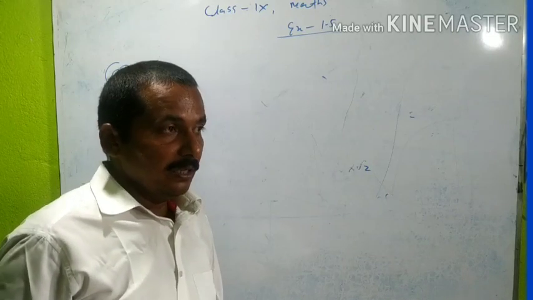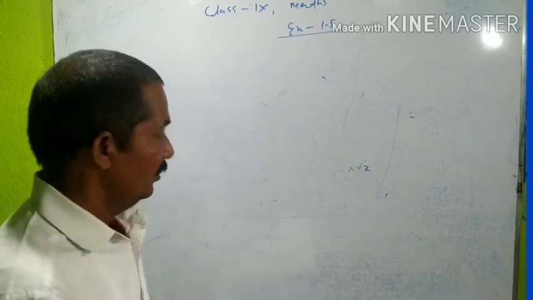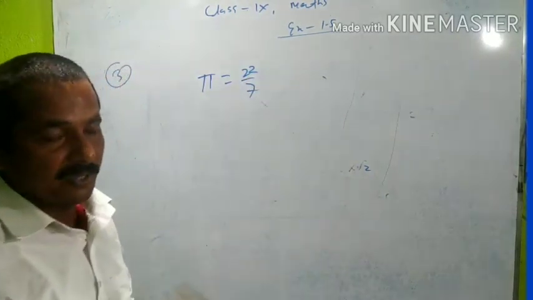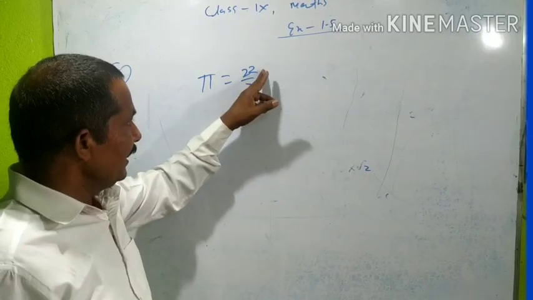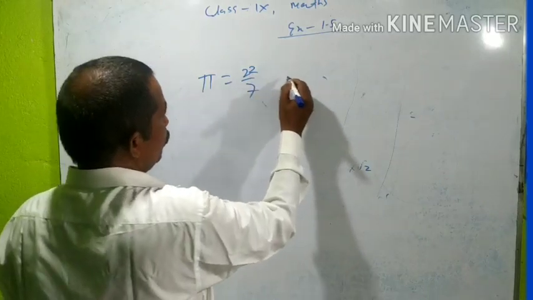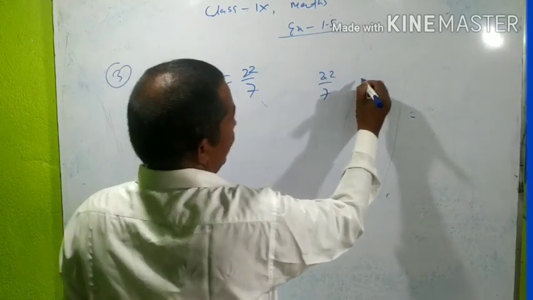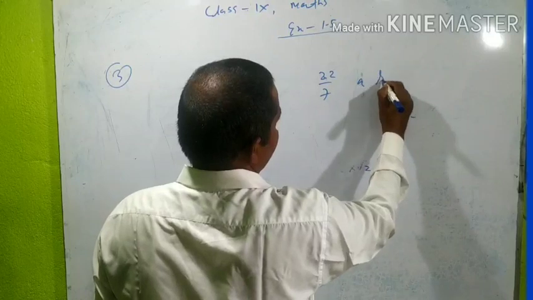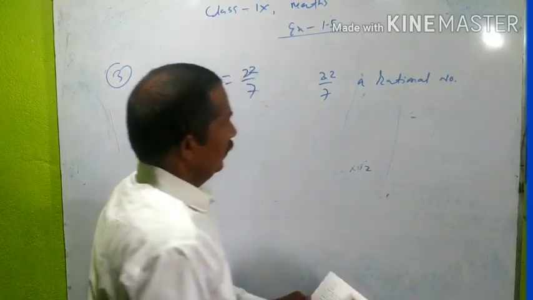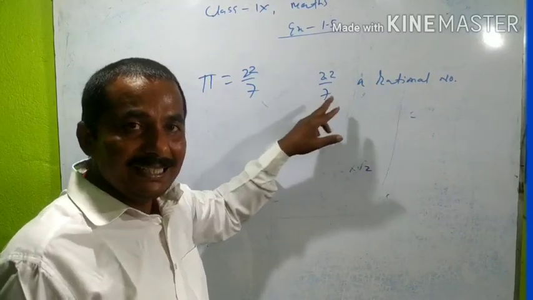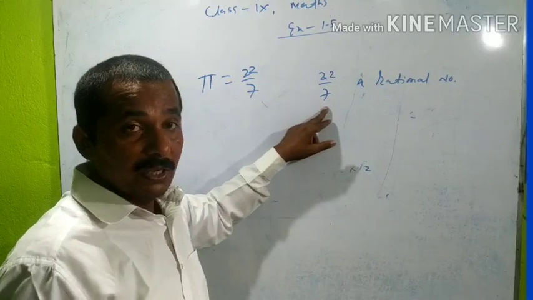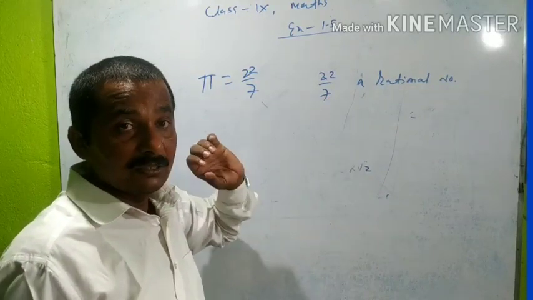And its approximate value is pi equal to 22 by 7. 22 by 7 is a rational number because it is in the form of p by q, where q is not equal to 0 and p and q are integers.